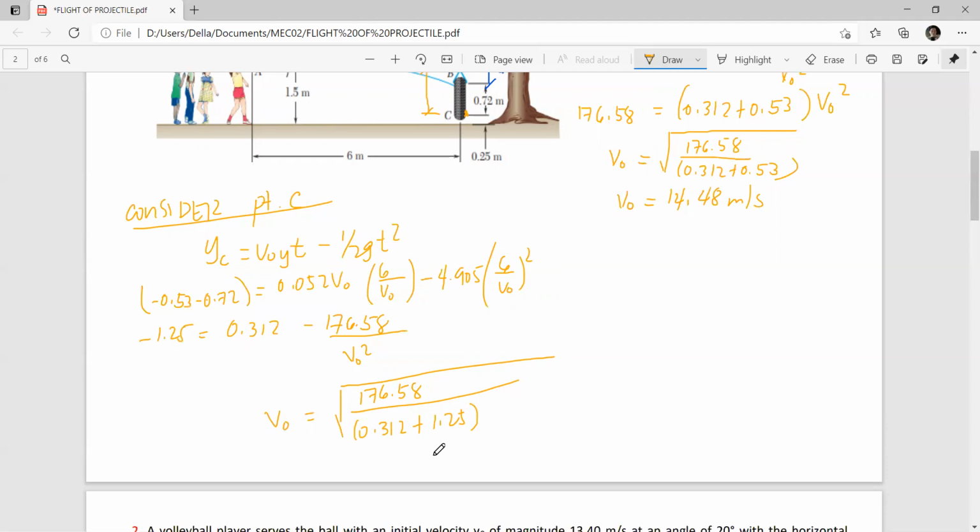And this gives velocity initial equals 10.63 meter per second. So therefore, the answer: velocity at B is 14.48, greater than initial velocity at C. So that is the range, 10.63 meter per second and up to 14.48. And that is the answer.